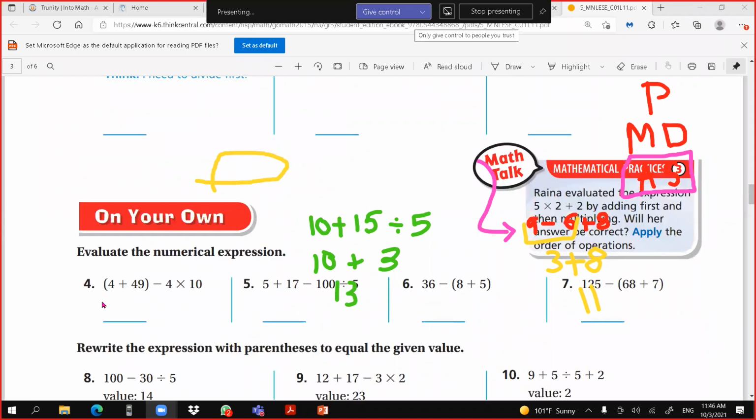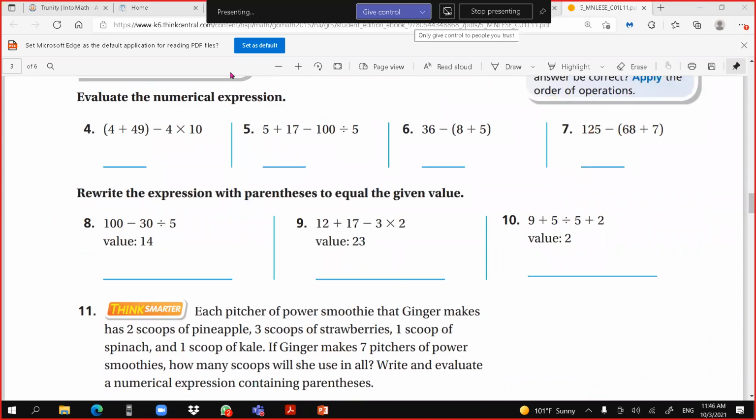Okay, I will let you solve number 4. Yalla Hunada. 4 plus, in parentheses, 49 minus 4, times 10. Bravo. So first she solved what is inside the parentheses. Then minus 4 times 10.